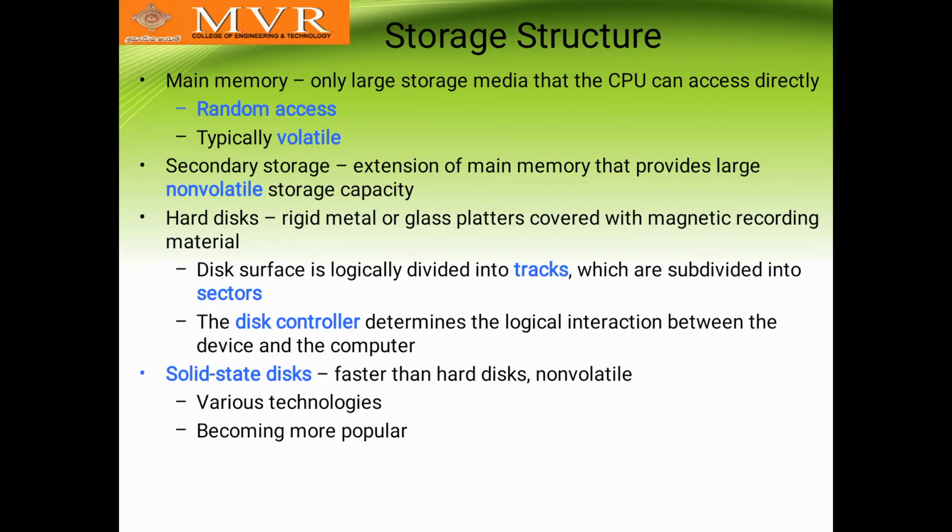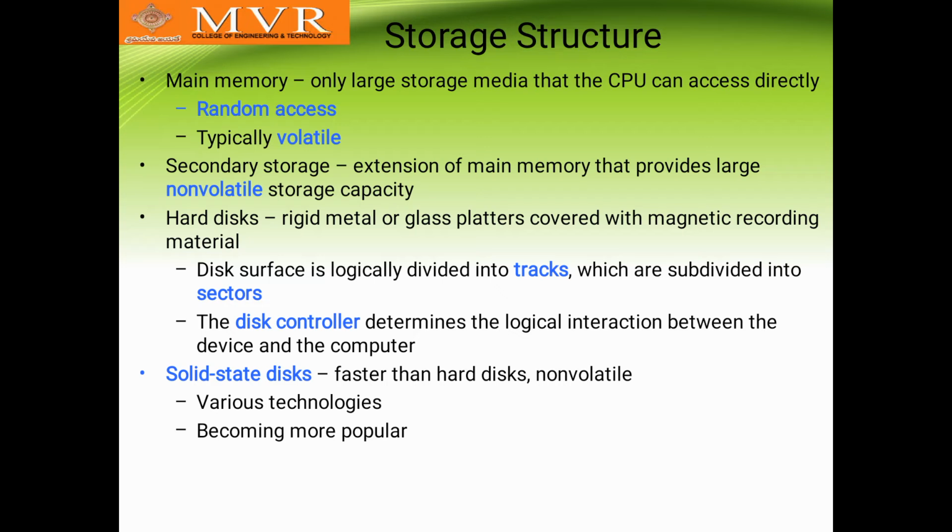In this storage structure, there are four storage structures: main memory, secondary storage, hard disk and solid state disk. Main memory is the only large storage media that the CPU can access directly. It is random access and volatile. Volatile means it is temporary, not permanent. Secondary storage is an extension of main memory that provides large non-volatile storage capacity, so it is permanent storage.